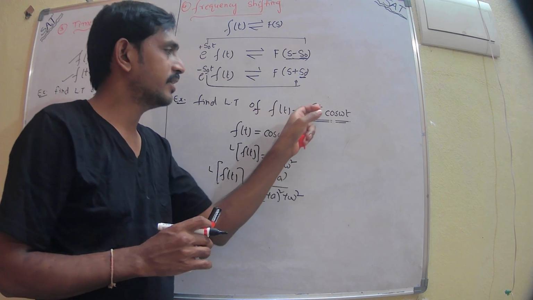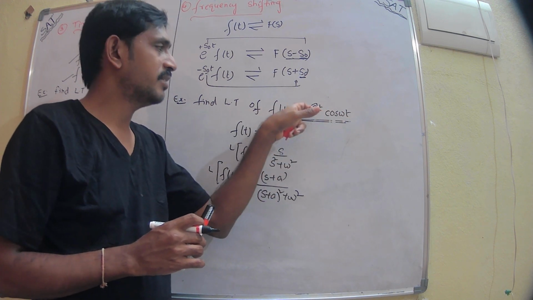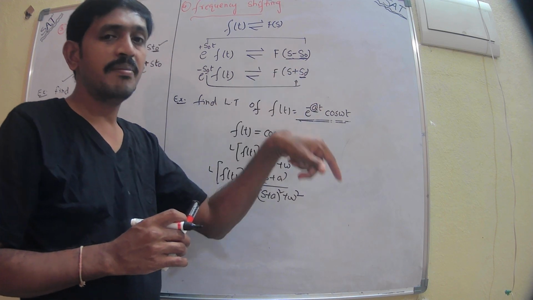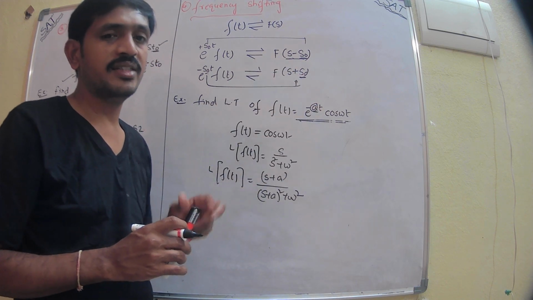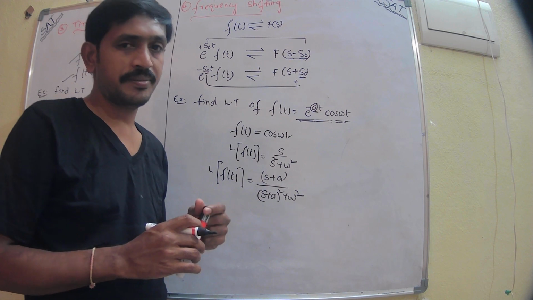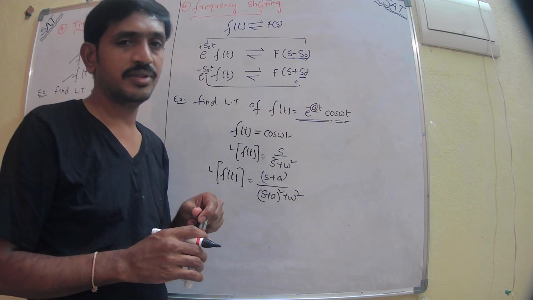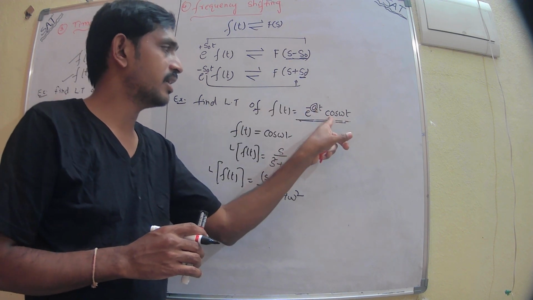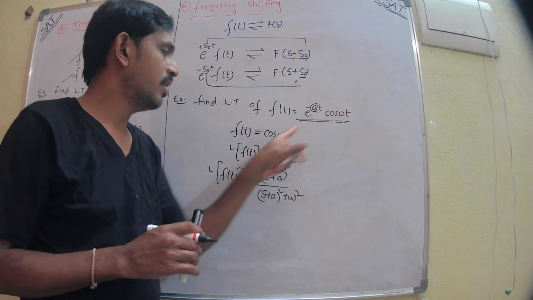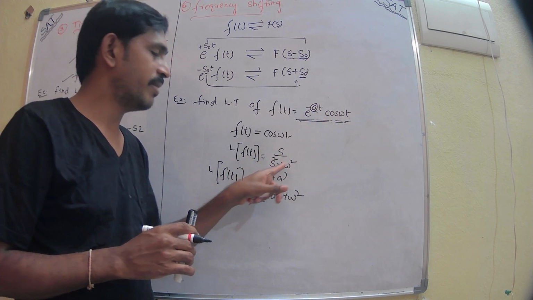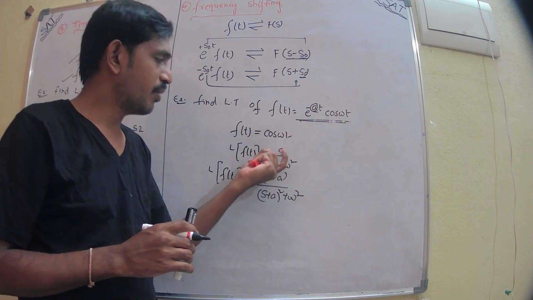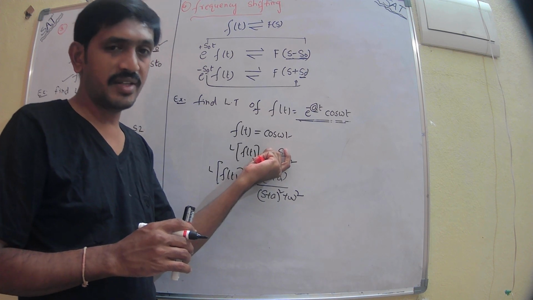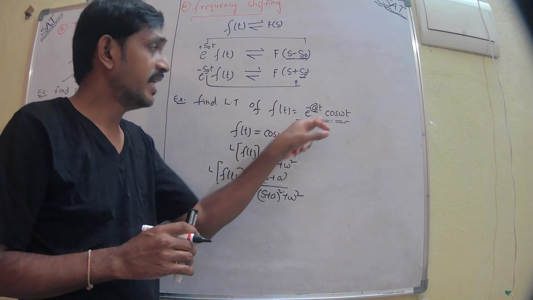According to the formula, it is a left shifting here. For e power minus at cos omega t, if there is a minus in the time domain, definitely there is a plus in the frequency domain, that is left shifting by the factor of a. So first of all, you should find the Laplace transform of cos omega t. We know that it is s by s square plus omega square. Now we can shift the frequency domain by the factor of a.